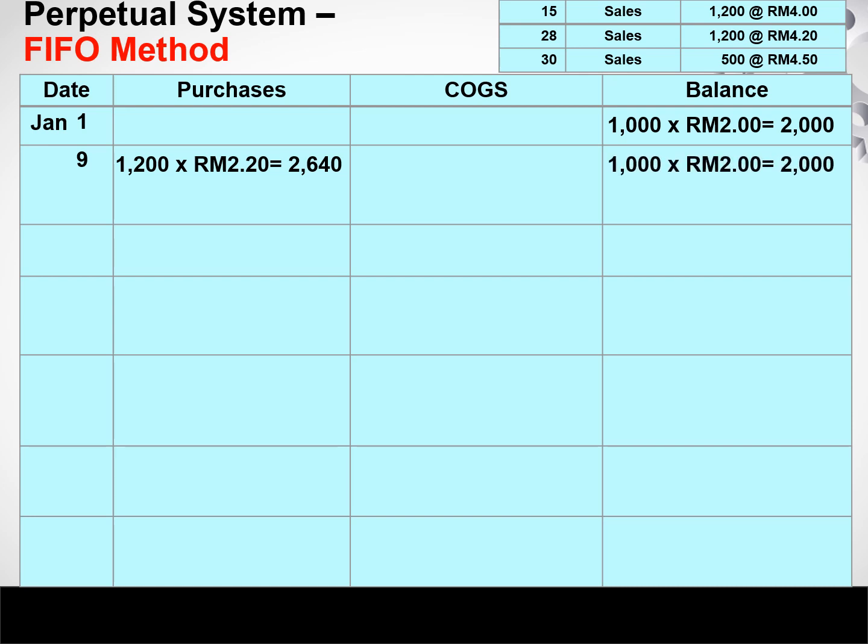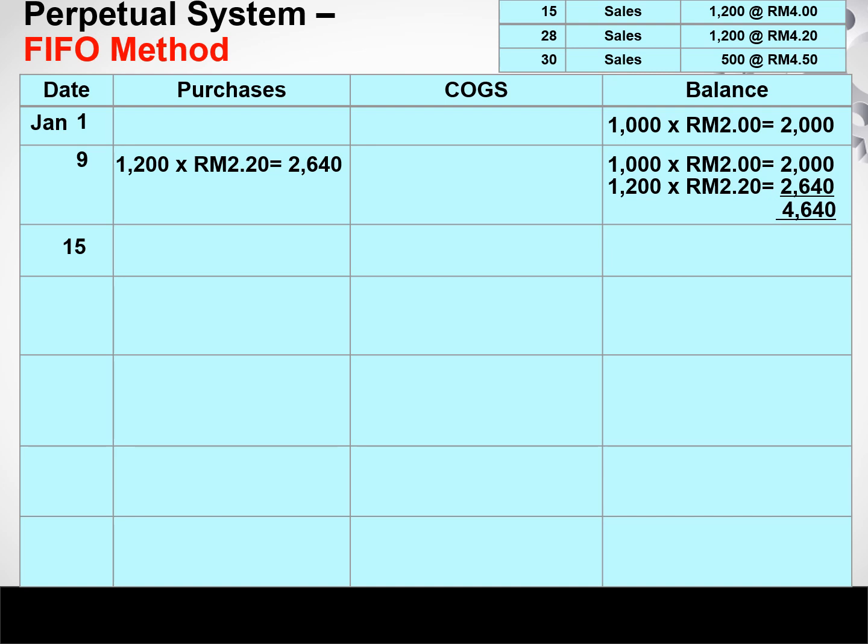And the new balance are 1,000 unit times 2 equals to 2,000 plus the new purchase 1,200 unit times 2 ringgit and 20 cents equals to 2,640, and the new balance is 4,640.